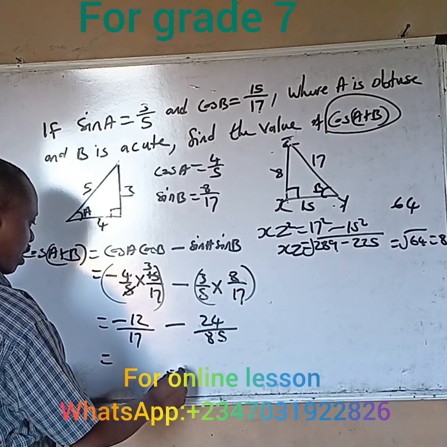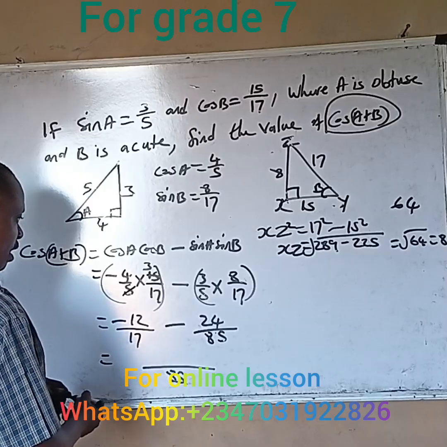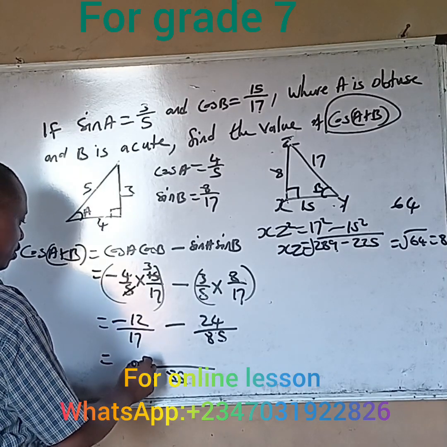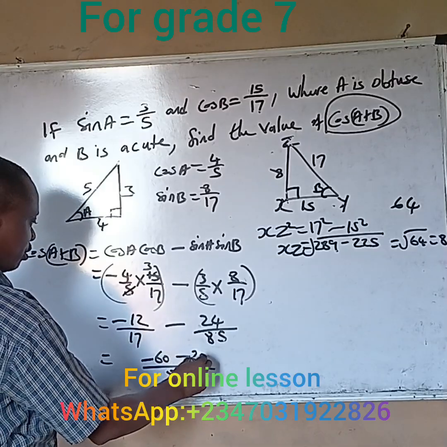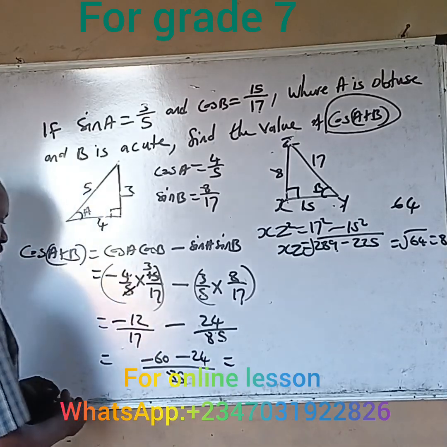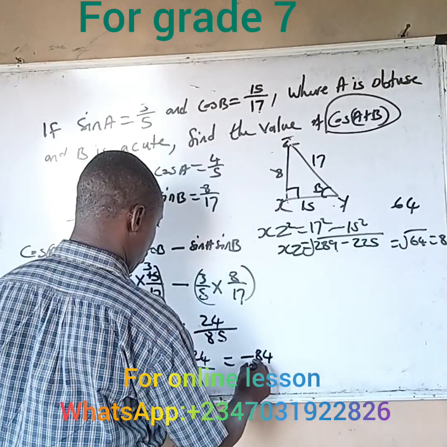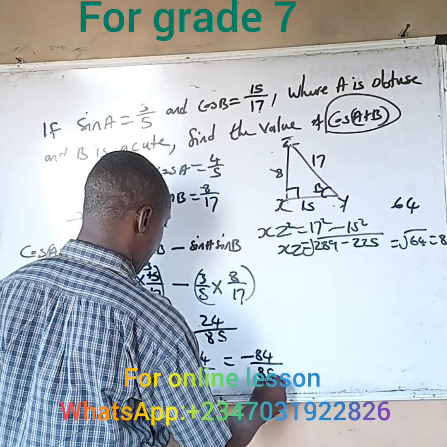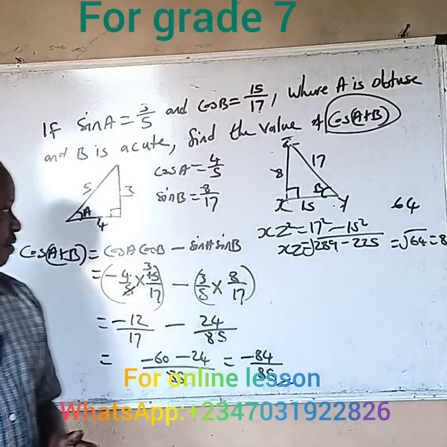The LCM is 85. 17 into 85 is 5, and 5 times 12 is 60. So we have minus 60 minus 24, which is minus 84 over 85. So that is your answer, minus 84 over 85.